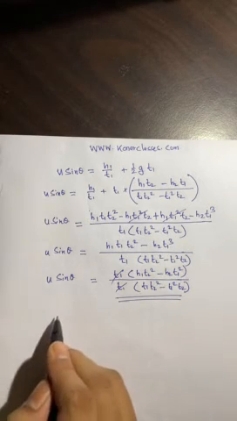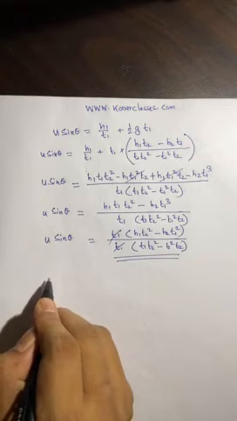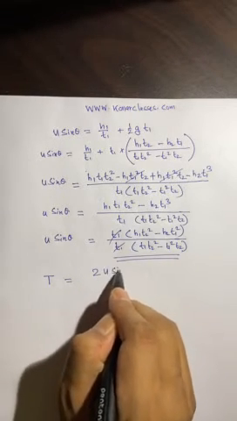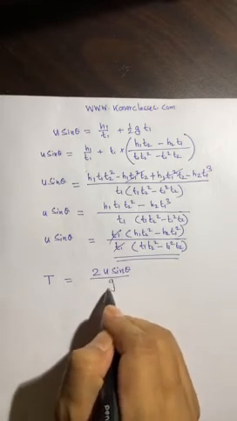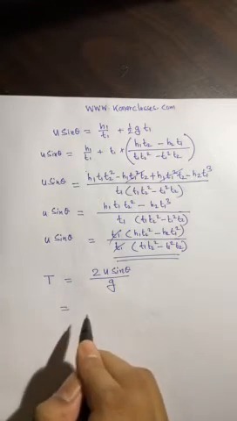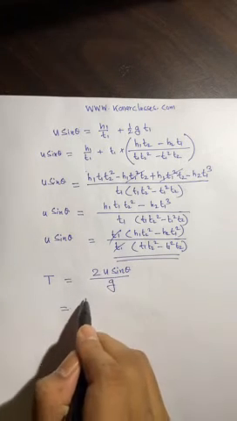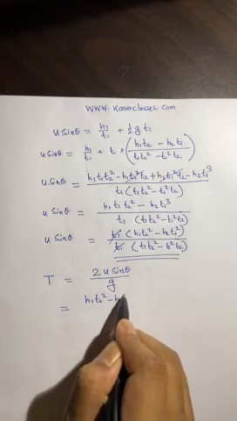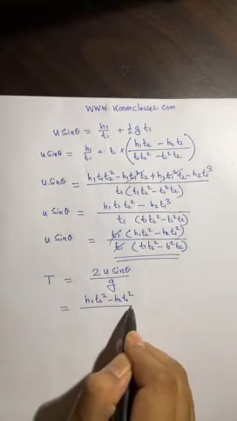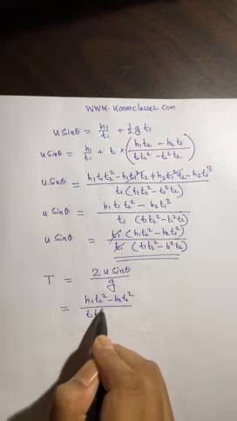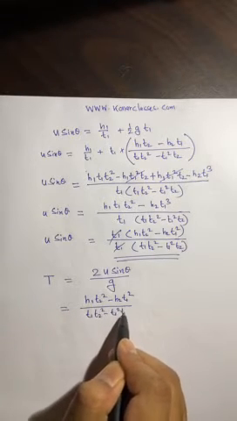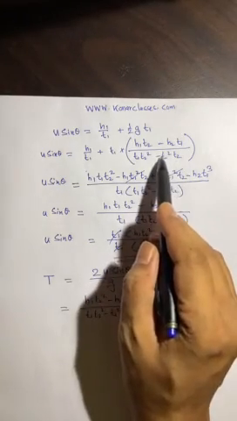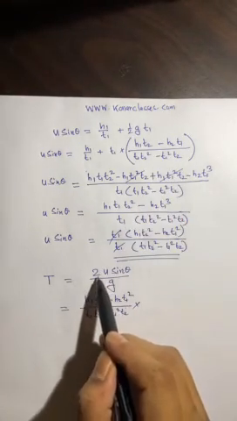Now, total time of flight, we know that capital T is 2u sine theta by g. Put the value of u sine theta here: h1 t2 square minus h2 t1 square by t1 t2 square minus t1 square t2, into, so this was the value of g by 2, but here we have to put the value of 2 by g.